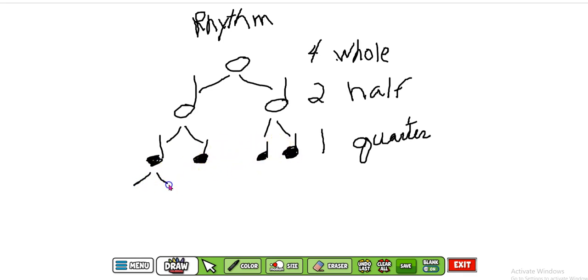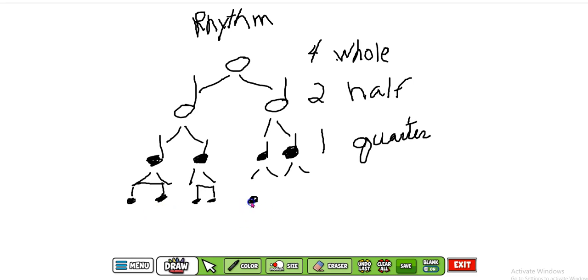If we break the quarter notes into 2 equal parts, we're breaking 1 beat into 2 sounds. This is where the 8th note comes in with the beam across the top. 1 beat, 2 sounds. T, T, T, T, T, T, T, T. Here's your beat. 2 sounds.